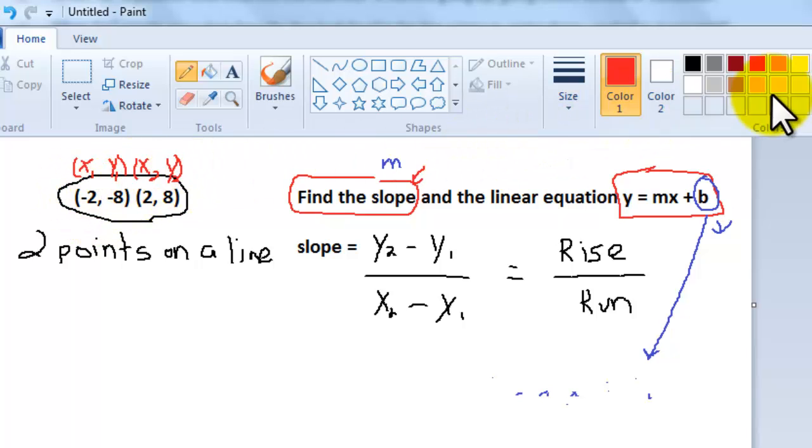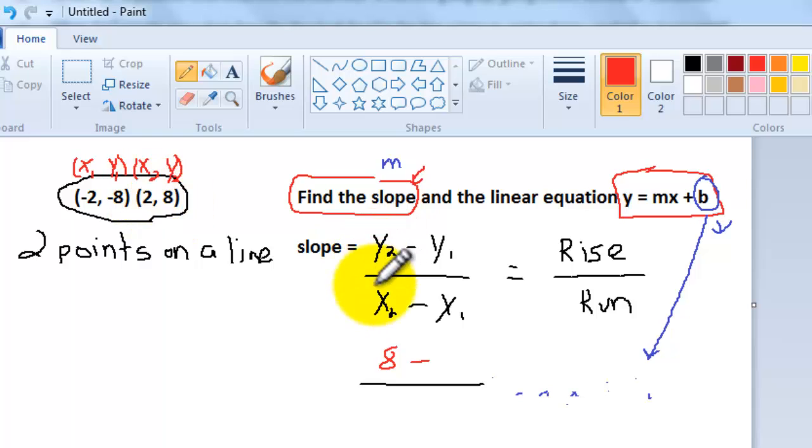Doesn't matter whether you call this the first point and that the second point, but I'm just going to keep it in order. Okay, so our y2 value then is the 8, and we're going to subtract. Make sure that's minus, and the x2 value goes underneath. So be careful when you're doing this. Put the right numbers in the right spots.